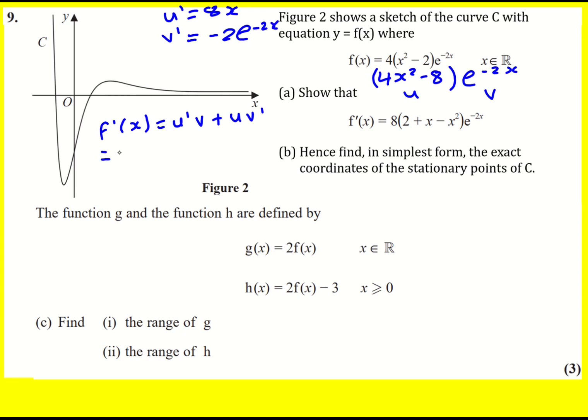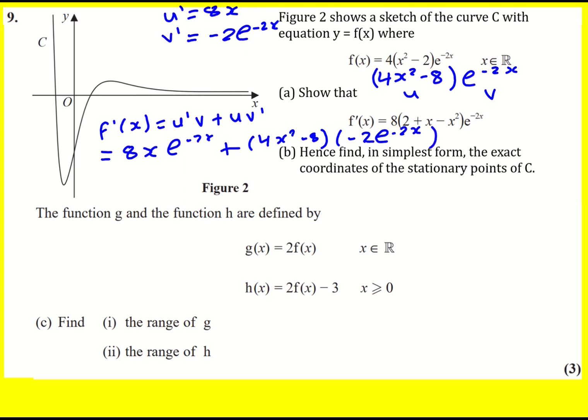So that means f dash x will be 8x e to the minus 2x plus 4x squared minus 8 times v dash, which is minus 2e to the minus 2x.